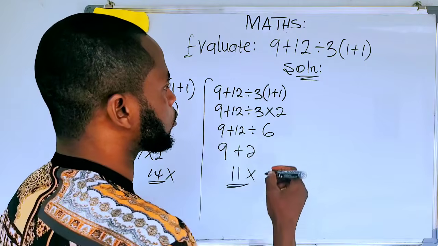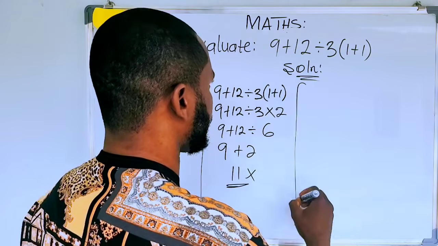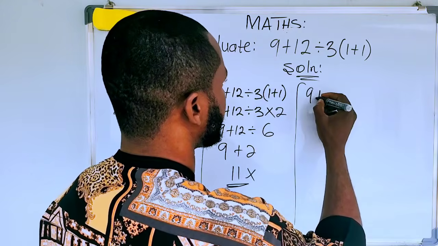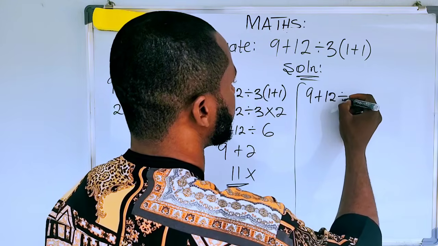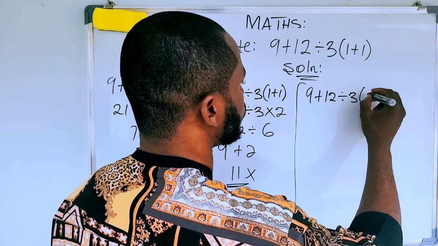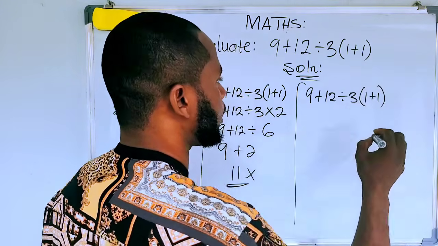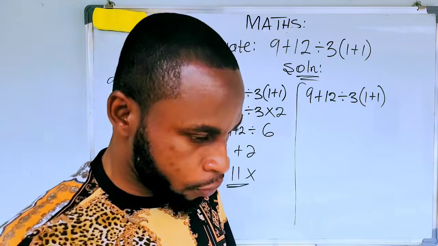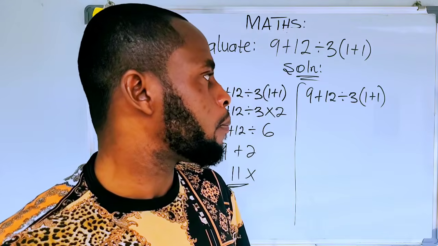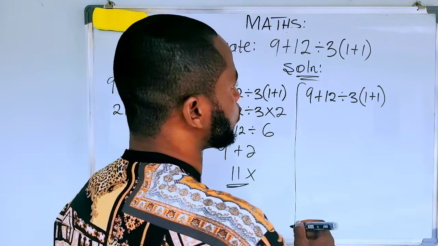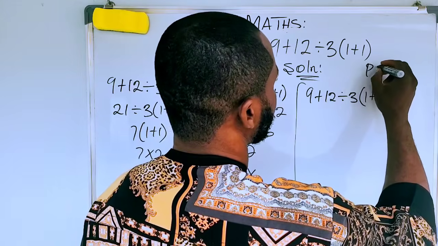Now, to solve this correctly, we are going to have this 9 plus 12 divided by 3 into 1 plus 1. Here, we are going to apply PEMDAS, or we use BODMAS. We have this.